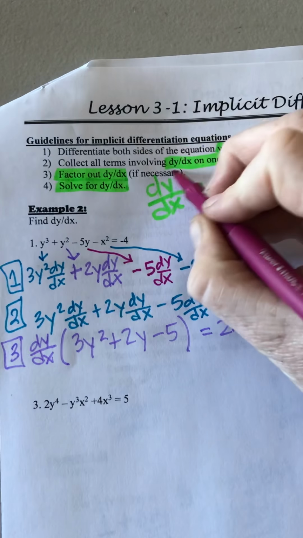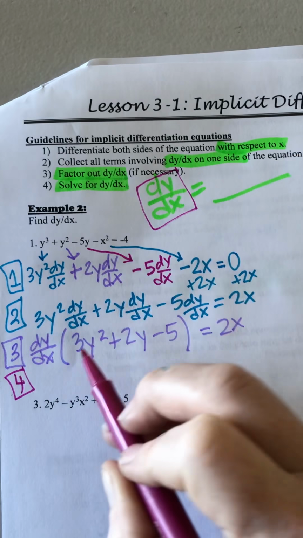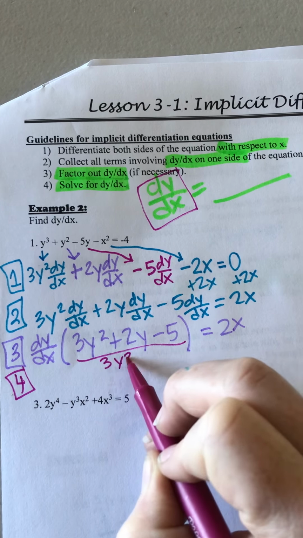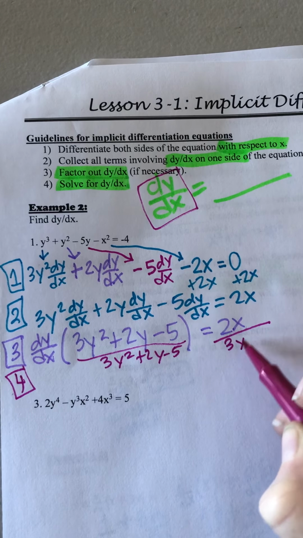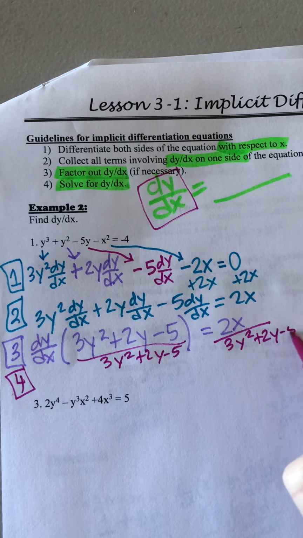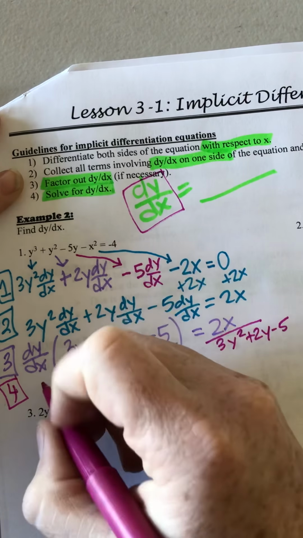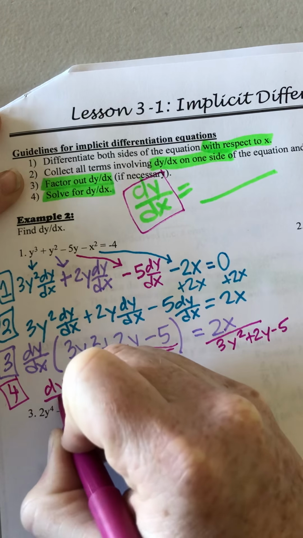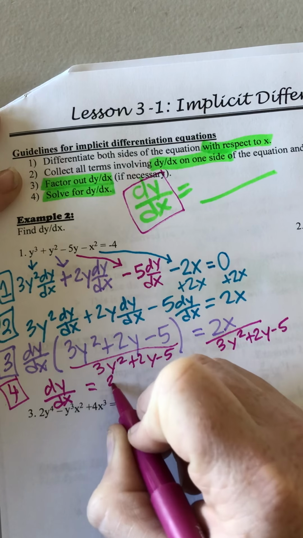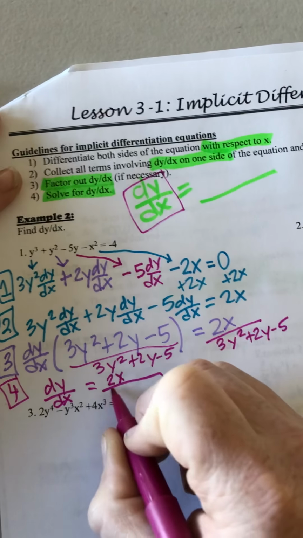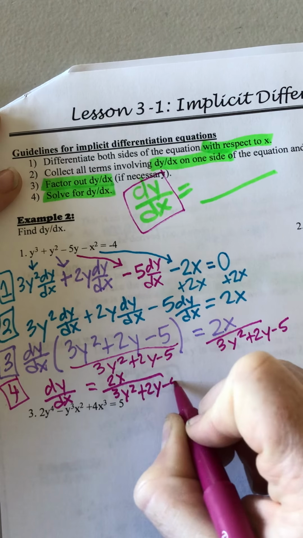Now step 4, we're going to solve. So we just want to have dy/dx on its own. To do that, I'm going to divide by 3y squared plus 2y minus 5 on both sides. So now this derivative of y with respect to x is equal to 2x over 3y squared plus 2y minus 5.